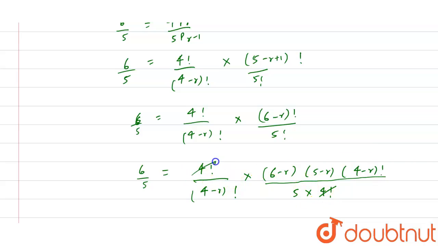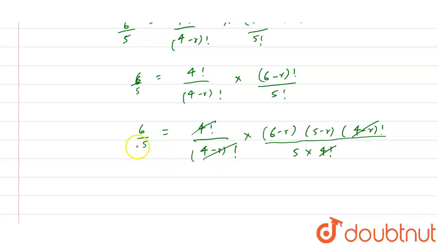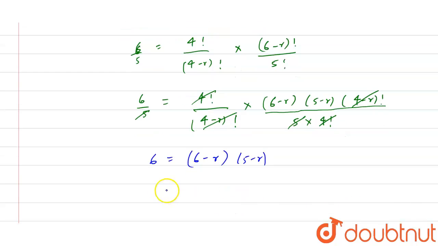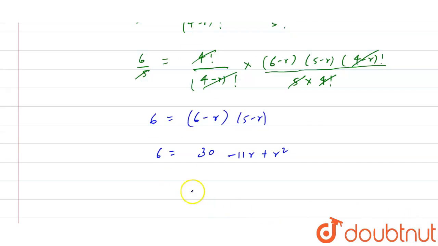So these two terms cancel out, these two terms cancel out, and this 5 will cancel out with this 5. So we get 6 equals (6 minus r) multiplied by (5 minus r). If we open these brackets, we get 6 equals 30 minus 11r plus r square. So we can write it as r square minus 11r plus 24 equals 0.